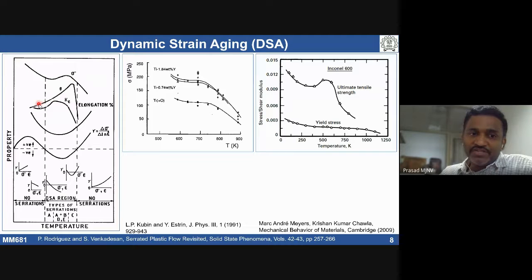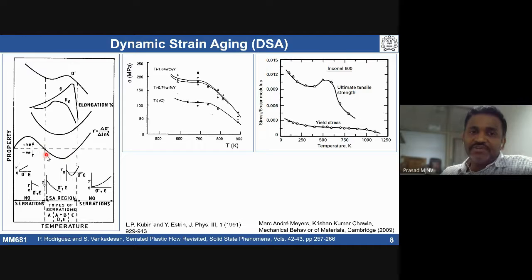Apart from that, we also see the strain hardening rate increase, and the Hall-Petch coefficient k, the dislocation locking parameter, increases slightly in this temperature window, and we also see ductility is going to be minimum.